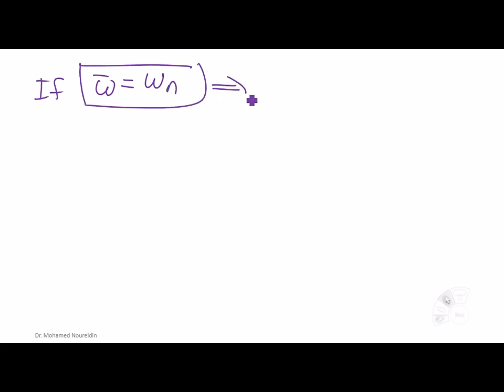Let's go to the last case: what if omega bar equals omega n? Here, what we call resonance is going to take place. Based on that, you are going to find that equation number 1 is not valid in this case.